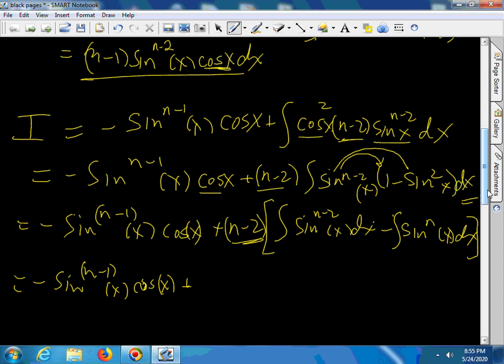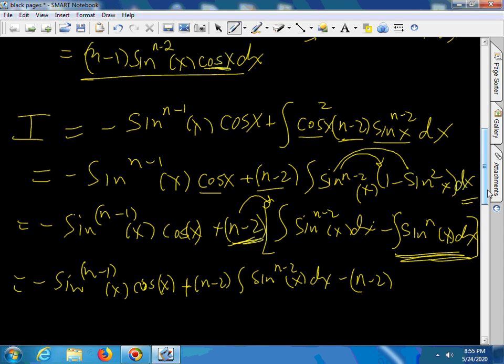And now I'll distribute. You get n minus 2 times the first integral, sine n minus 2 of x dx, minus n minus 2 times the second integral. But that second integral is just I. Remember? Okay.